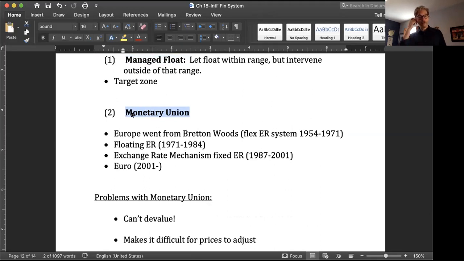And if you think about how the euro got there, it was a transition, right? Europe was in Bretton Woods, which is a fixed exchange rate system, till 1971. Then they floated for a while, but then they moved back to a system of fixed exchange rates between 1987 and 2001. And then they transitioned that fixed exchange rate mechanism for the countries who joined the euro into the monetary union.